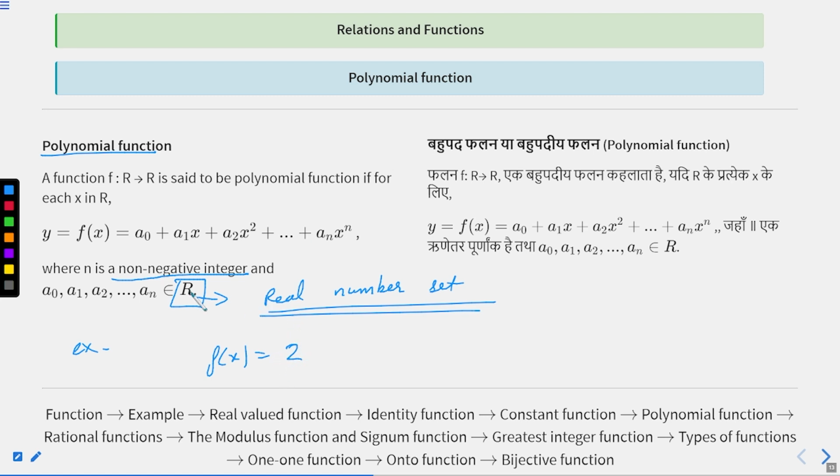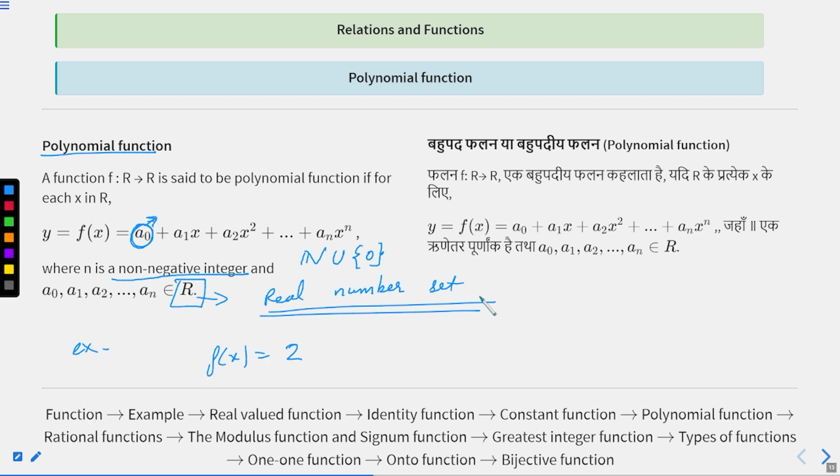But here, where n is a non-negative integer, we are including the set of natural numbers plus 0. If n is 0, then you will get just this a0 term, and a0 is some real number. This means a constant number.